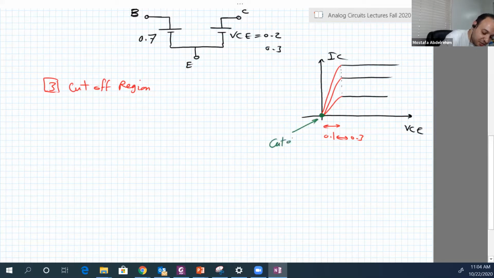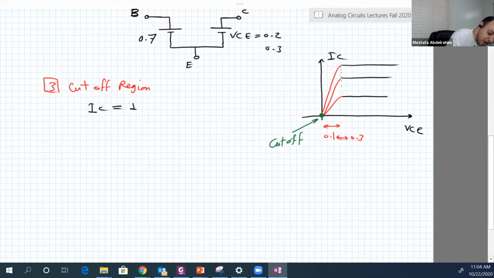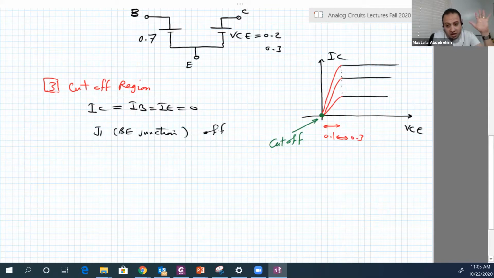This is cutoff, in which every current is zero, not everything. So here IC equal to IB equal to IE equal to zero. Here you will find that J1, which is the base-emitter junction, is off. When I say a junction is off, like a diode, that means VBE is less than 0.7.